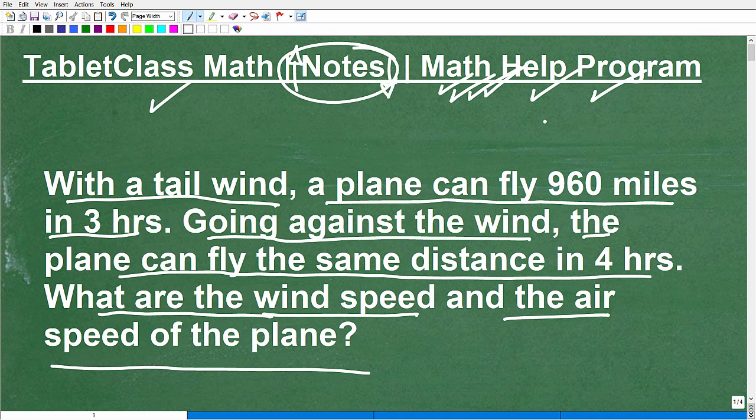Those students who are just too busy looking at their cell phone, talking to their friends, and doing homework for other classes while you're in math class, well, don't be surprised that you're struggling. Okay, so you got to focus to learn math. There's no other way. There's no shortcuts, and it is work. But if you put in the work and you're focused and engaged, guess what? For the most part, all of you out there are going to do very, very well.